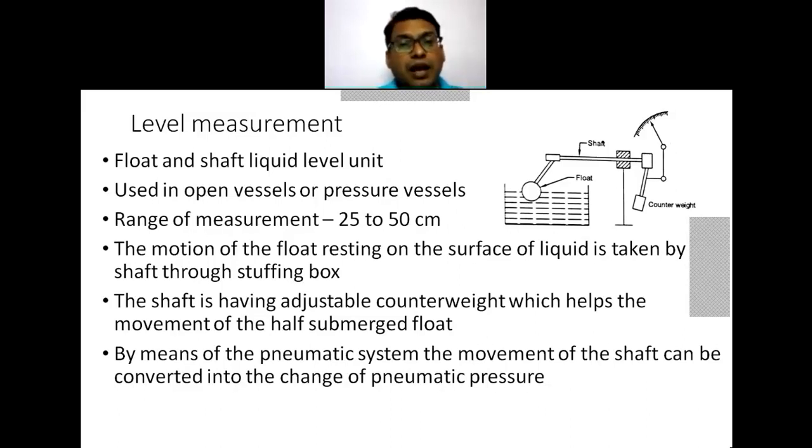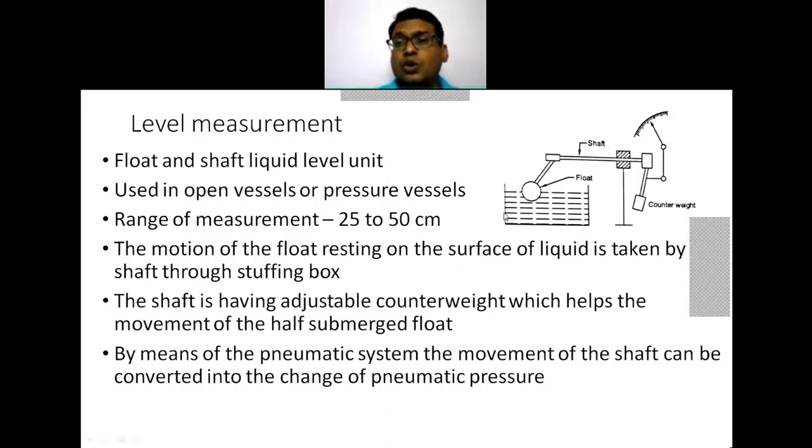A similar arrangement is also used, where the float is used to calibrate the liquid inside the tank, and it can be converted into electronic or local signals.